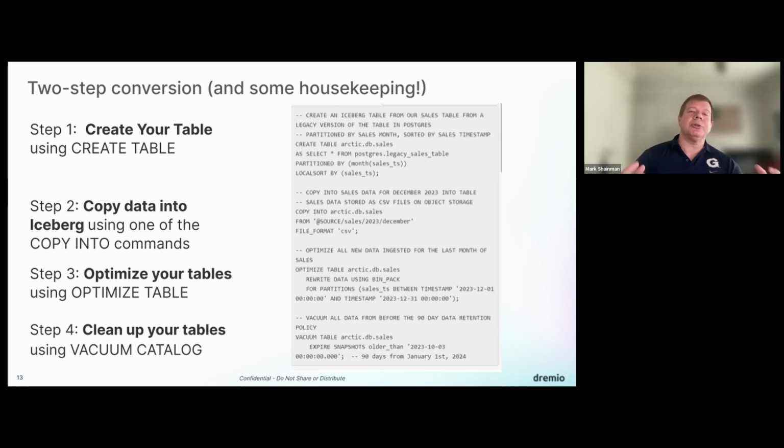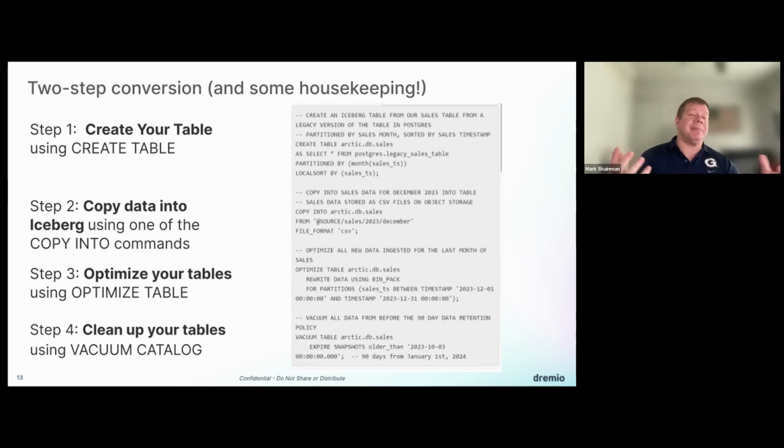So there's really a two-step process and a little bit of housekeeping for organizations to easily migrate from their existing legacy environment to a new modern table format, that Iceberg table format.